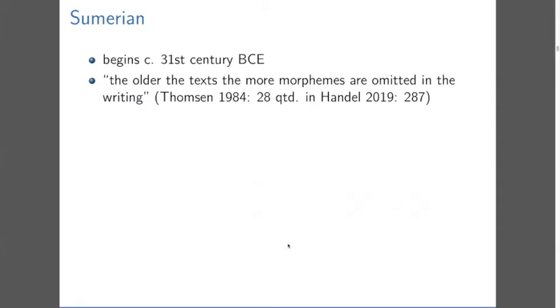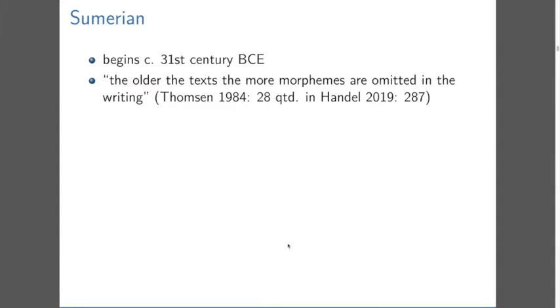But the older the texts are, the more morphemes are omitted in the writing. And Sumerian is, let's say, typologically exciting. It has lots of prefixes and suffixes and agreement and all sorts of exciting stuff going on, of the type that we have in a lot of Sino-Tibetan languages, like Kiranti languages and Gyalrongic languages, but generally the kind of stuff we don't think of Chinese as having.